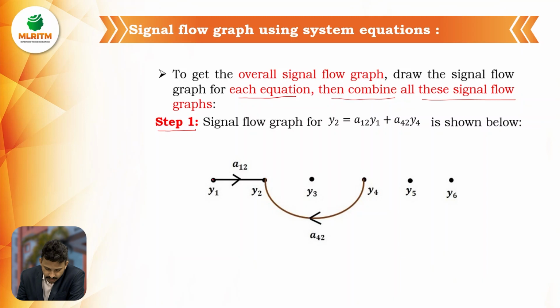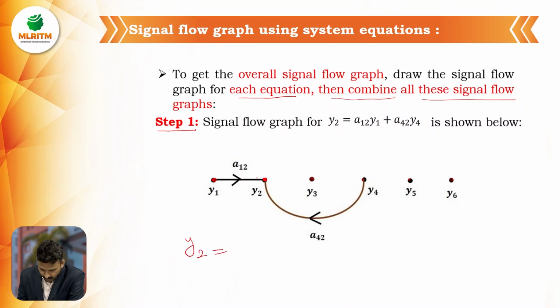So this is the first node y1, then y2, y3, y4, y5 and y6. I am taking all the 6 nodes, and for the first equation I am writing the equation at y2.